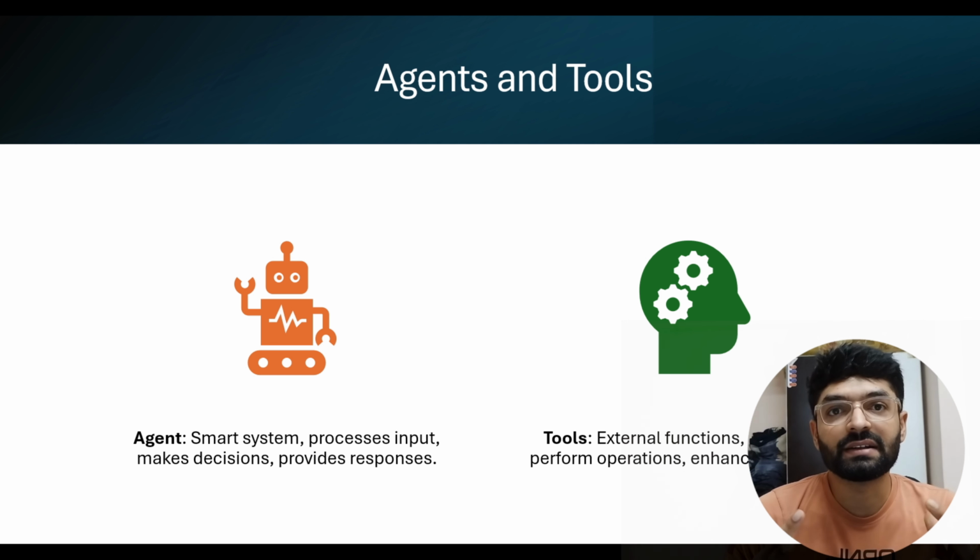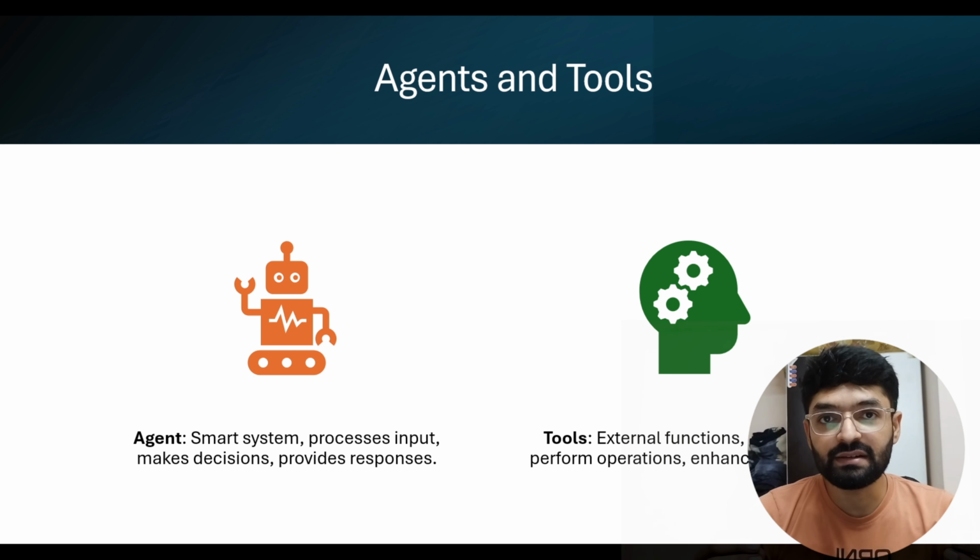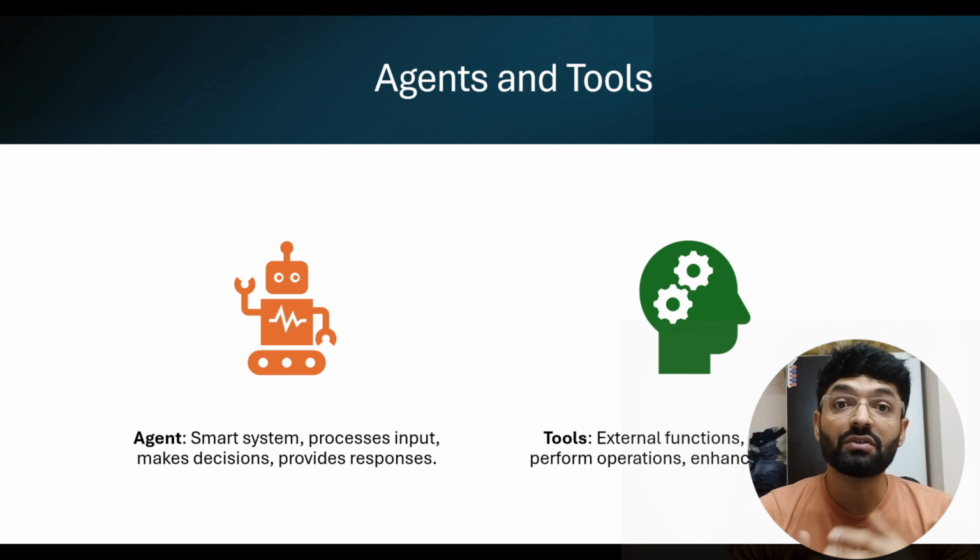Tools act as external functions. Now, the agent decides which query should be used. But where that query should be executed? That query is executed on tools. These tools could be different. There could be multiple tools.